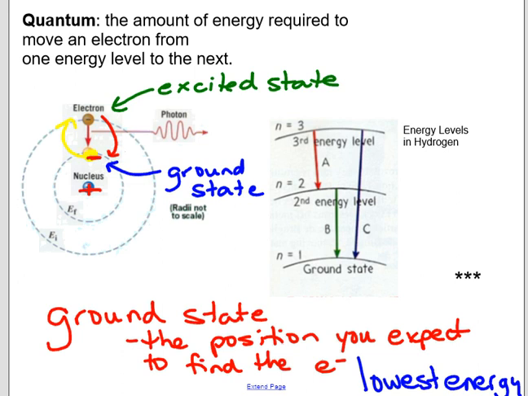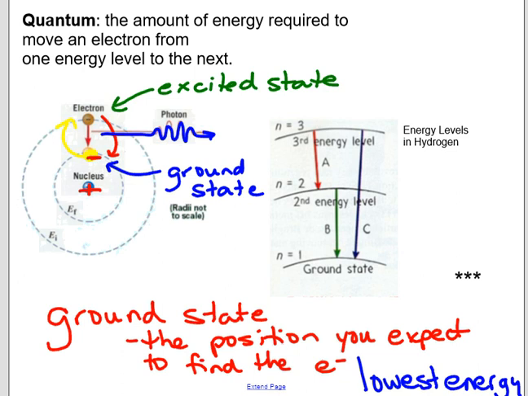Often we find that energy gets released in a package of light called a photon. So that energy gets released in the form of a photon. And photons have specific amounts of energy that corresponds with specific wavelength.